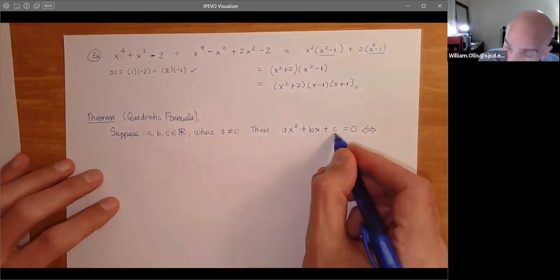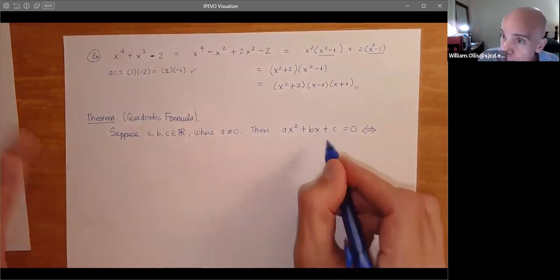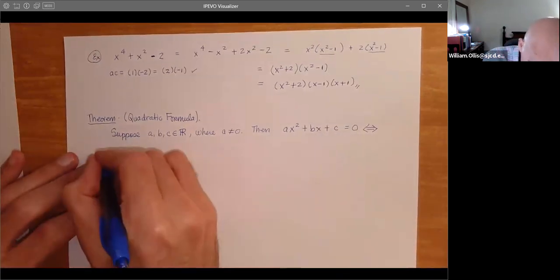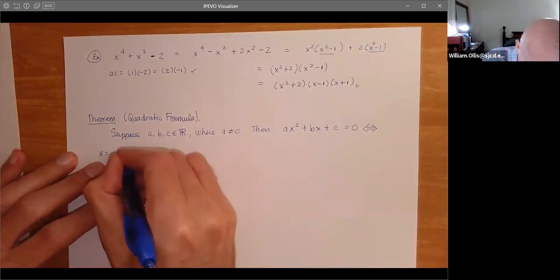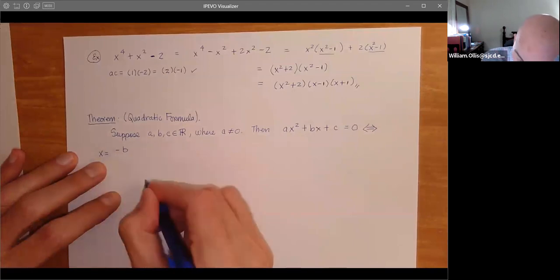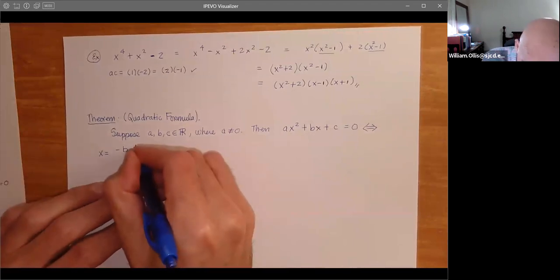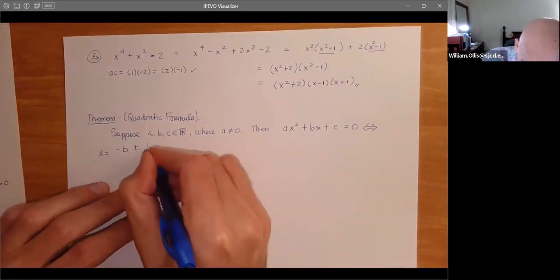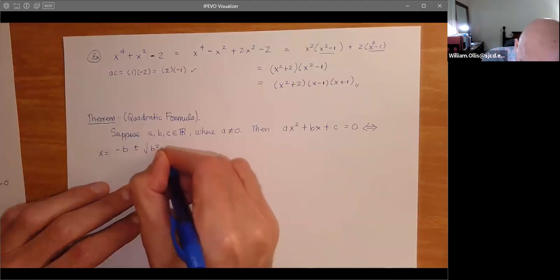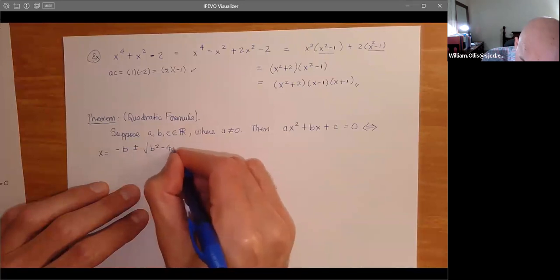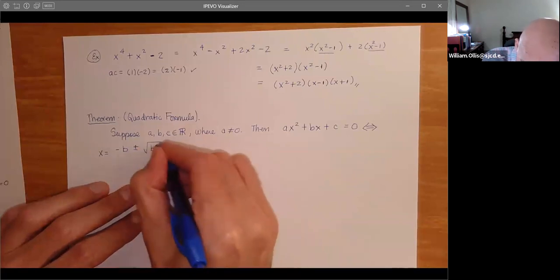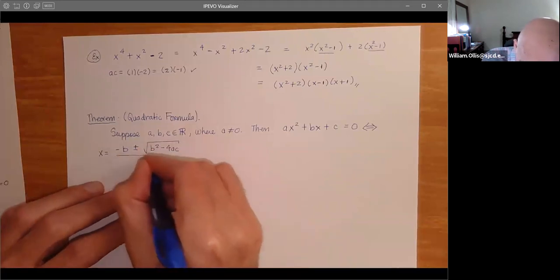This will actually have a solution if and only if x has the following form. That is the opposite of the coefficient b plus or minus the square root of a term called the discriminant, which is b squared minus 4ac divided by 2a.